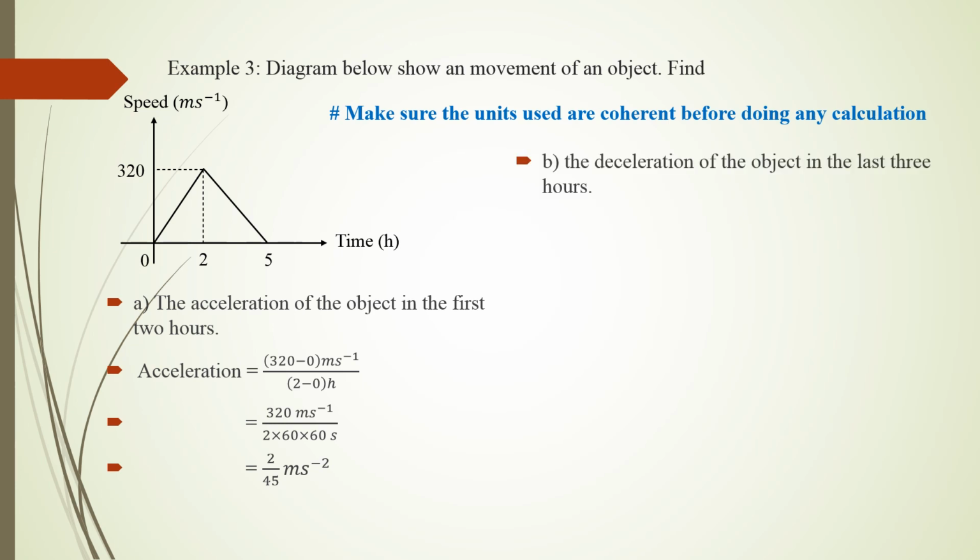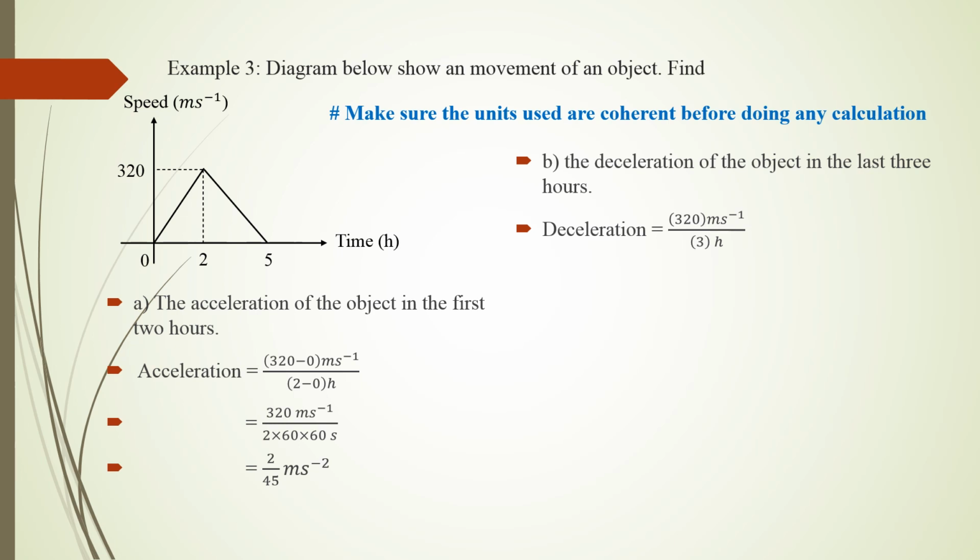B. The deceleration of the object in the last 3 hours. Deceleration equals 320 meter per second over 3 hours.